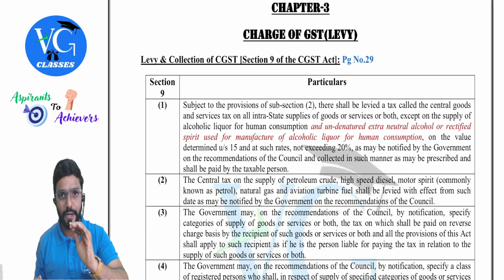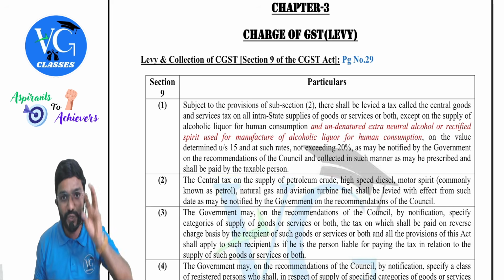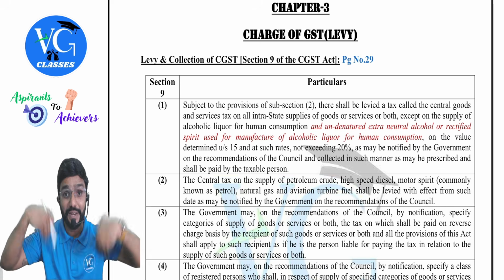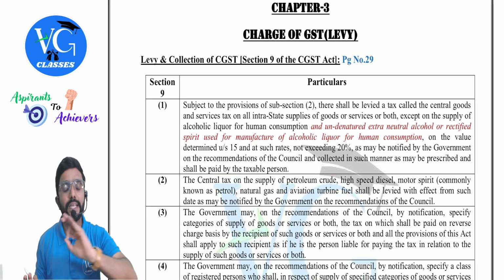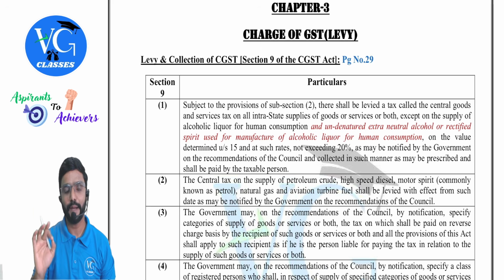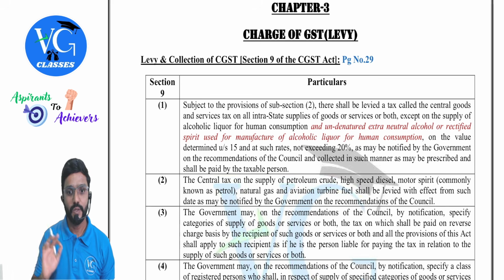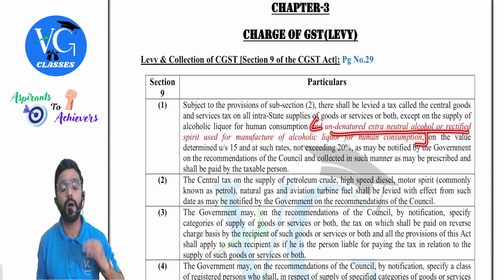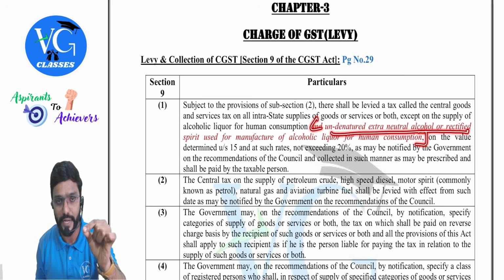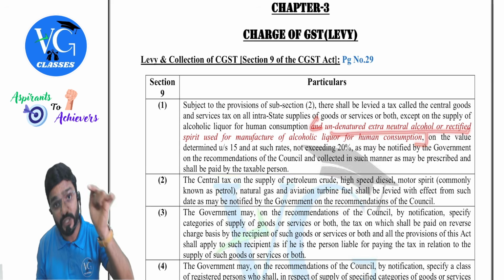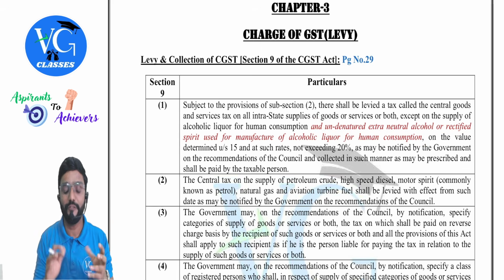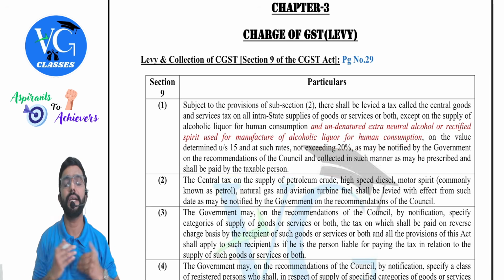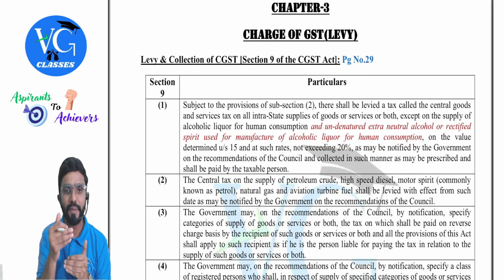If these things are supplied to an alcohol manufacturer who is using this as a raw material in alcohol manufacturing, which is used finally for human consumption by human beings, it is completely outside GST. So should the supplier pay GST on it?